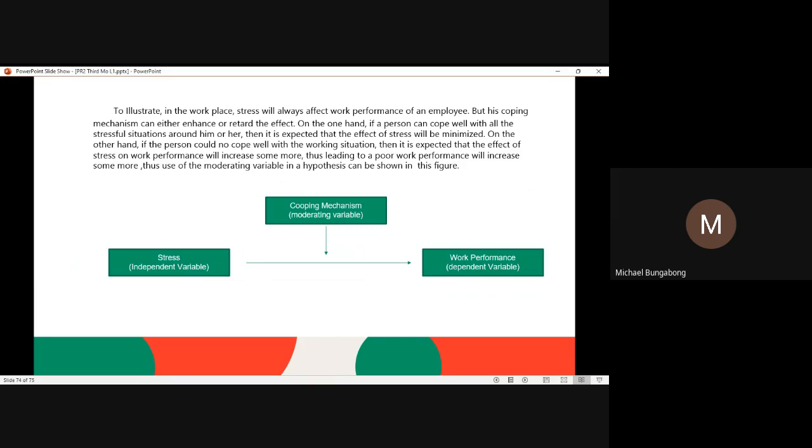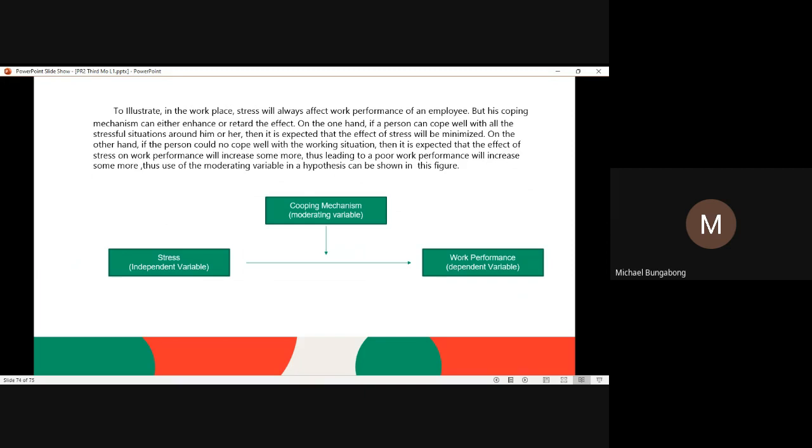So to illustrate, in the workplace, halimbawa yung stress will always affect the performance of an employee, di ba? Common yan. But his coping mechanism can either enhance or retard the effect, tama? On the other hand, if a person can cope well with all the stressful situations around him or her, then it is expected that the effect of stress will be minimized, tama?